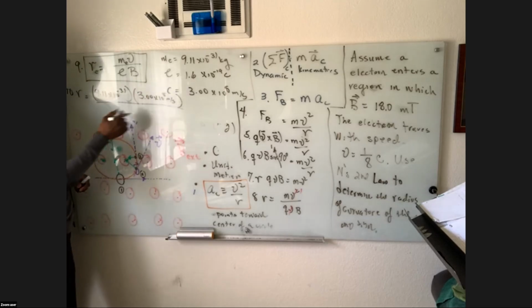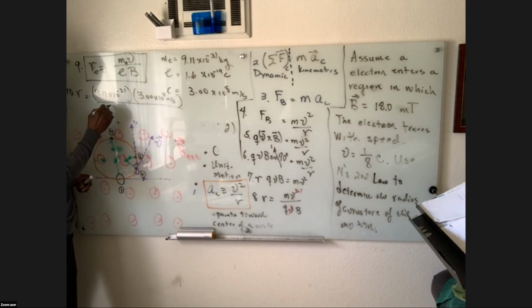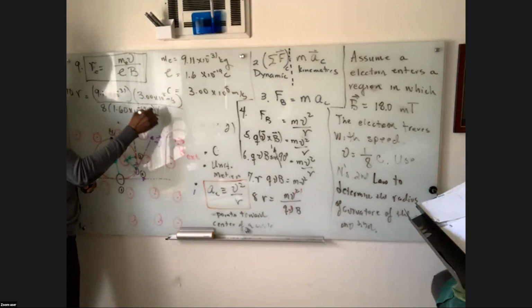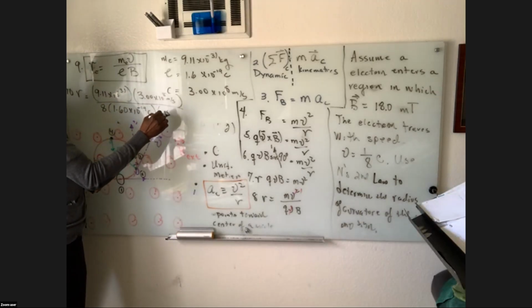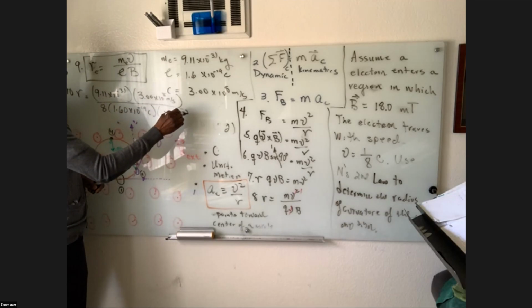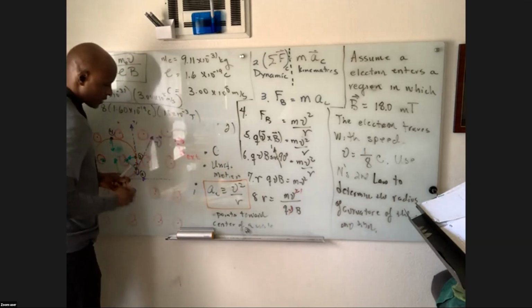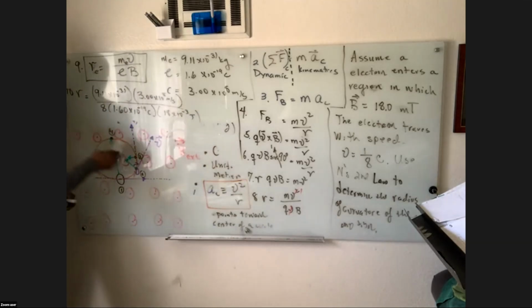Then 1.60 times 10 to the negative 19 coulombs, and then 18 times 10 to the negative 3 Tesla. If I have all that in MKS units, then the radius should come out in meters.